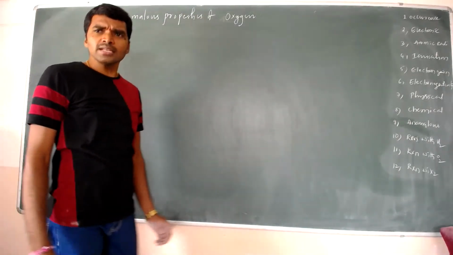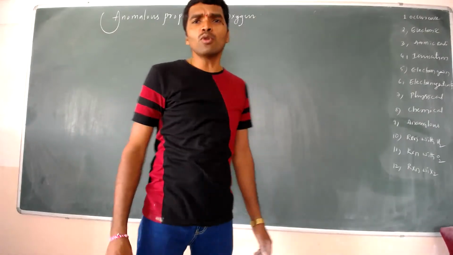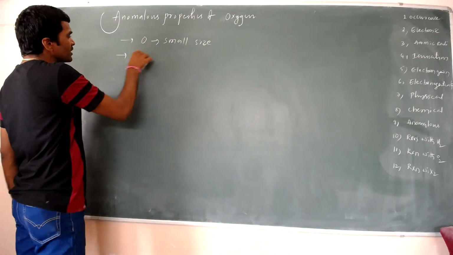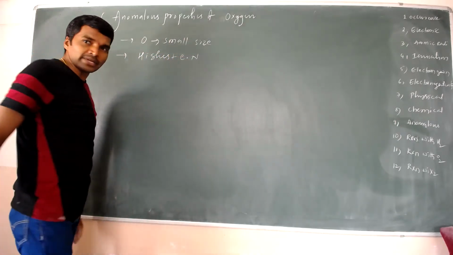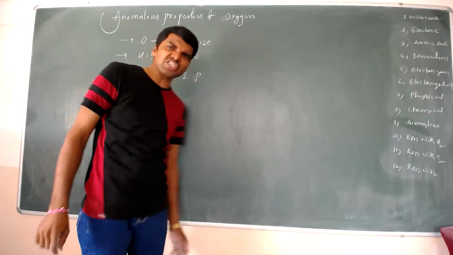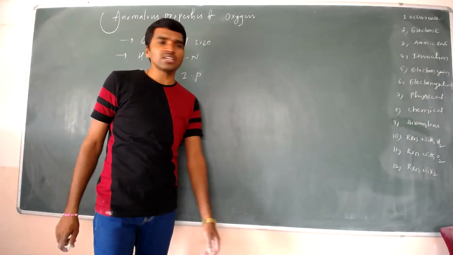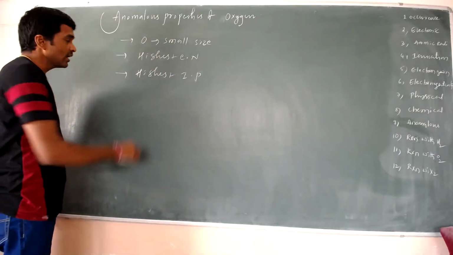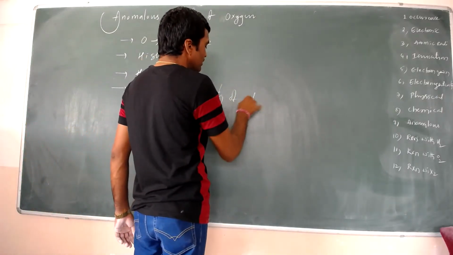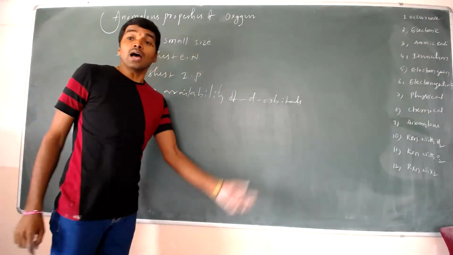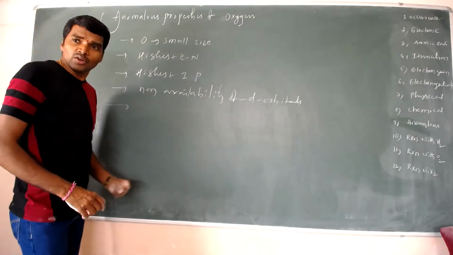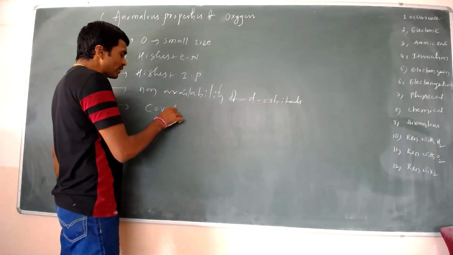You know that oxygen is different from the other elements of the group. Oxygen has a small size, the highest electronegativity, and the highest ionization enthalpy, or ionization potential, both are the same. It also has non-availability of d orbitals.